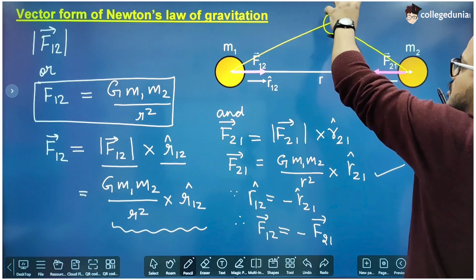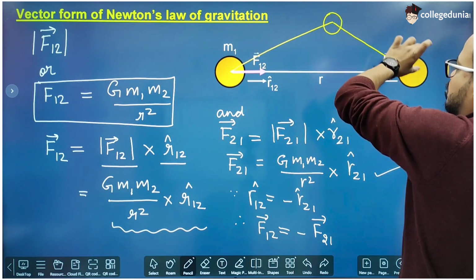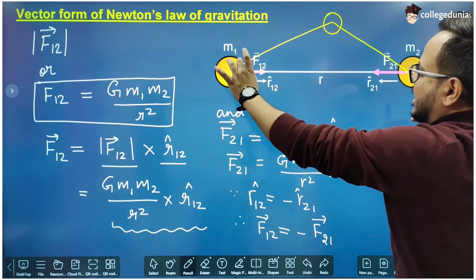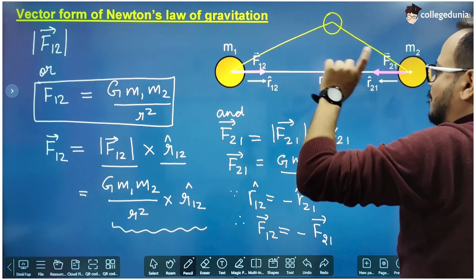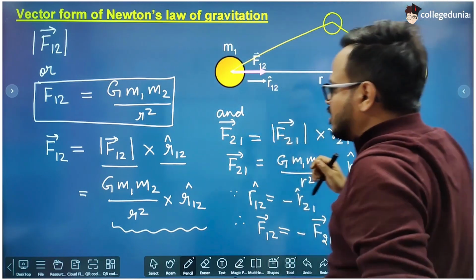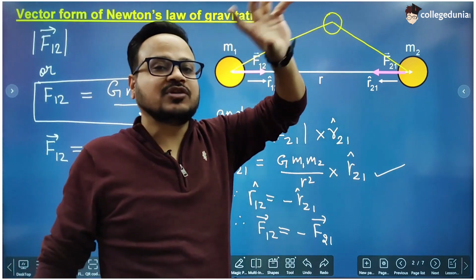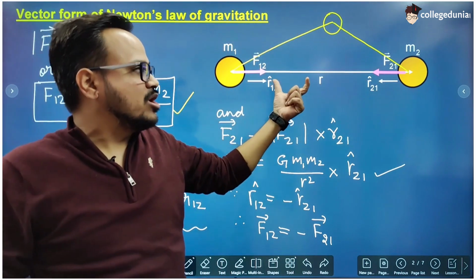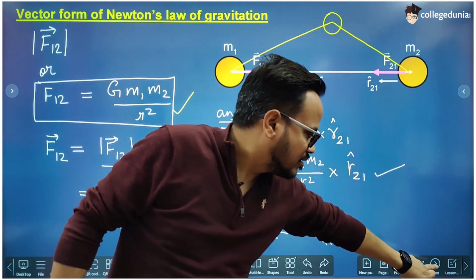Now I have brought this body here, so the distances change. So the gravitational forces between these pairs change, but the gravitational force between the original two bodies will remain the same. The presence or absence of a third body around these two bodies will not change the gravitational force between them.